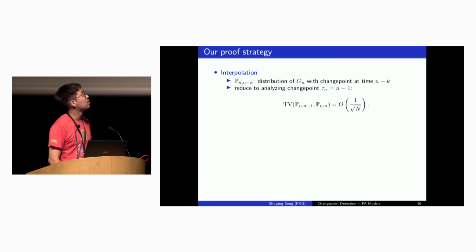We circumvent this difficulty by the following three-step strategy. The first is interpolation. We consider a sequence of probability measures, P_{n, n-k}, which means that the change point occurs at time n minus k. By the triangle inequality, we need to show an upper bound between each two consecutive pairs along the probability measure sequence.